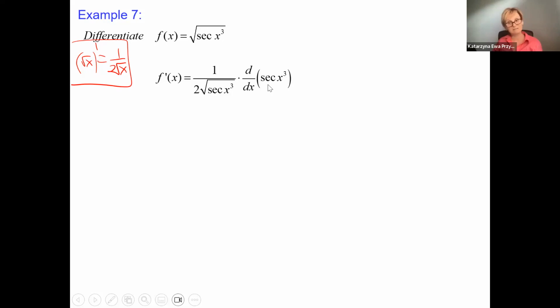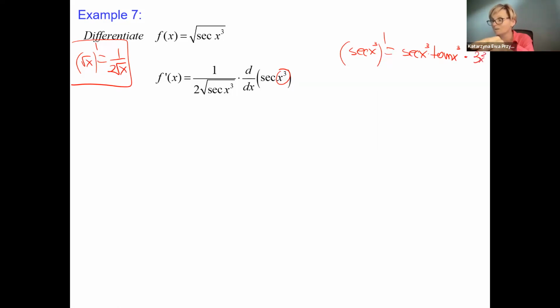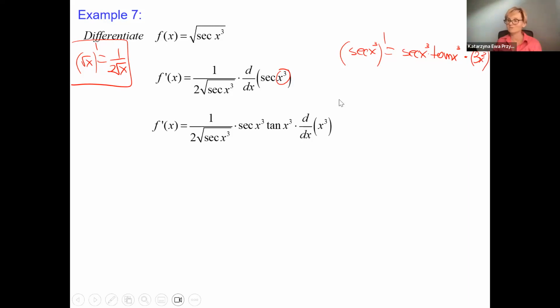The derivative of secant of x is secant times tangent. But now our x will be x cubed. If this is x cubed, this will be x cubed. And since this is an inner function, we will multiply by the derivative of that x cubed, 3x squared. Let's do it. I copy this.